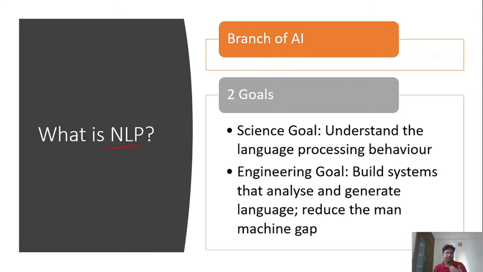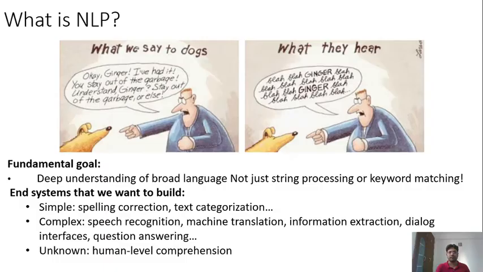Now, the engineering goal is that we want to build a system that can analyze language and reduce the gap between man and the computer system, or between man and machine. That is the goal of engineers, the engineering goal. We'll talk more specifically about the second goal here.